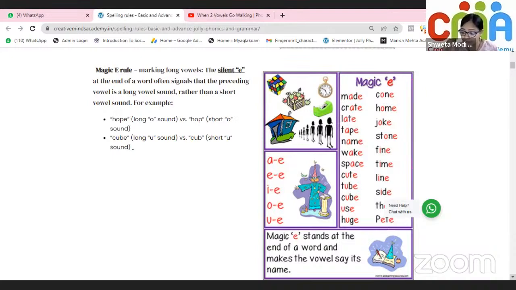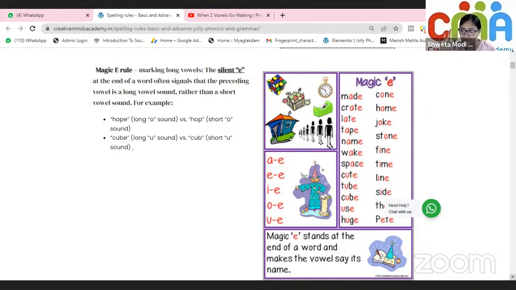Fine. So can you all type in the chat box five words having the five short vowels, A, E, I, O, U? I want to make sure that you are all aware of the short vowel sounds. Let's play it as a game of who sends the answer first.